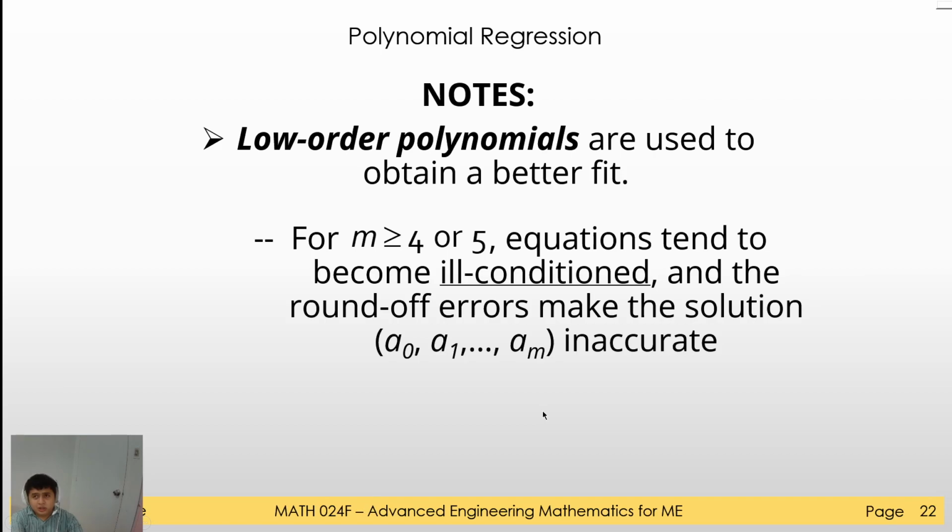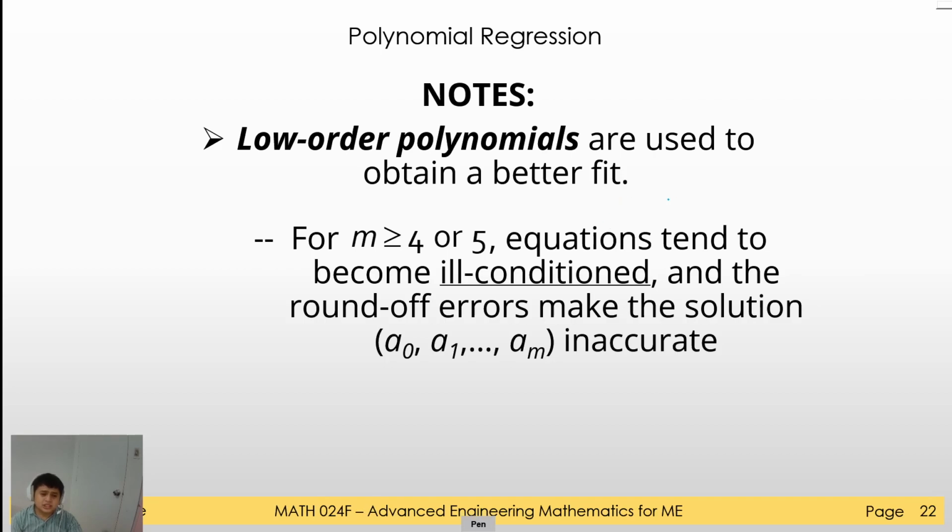Now, low order polynomials are usually obtained for a better fit. The problem is with order 4 or more: it turns out to be ill-conditioned, no? What I mean by ill-conditioned is that it will be oscillating, and the accuracy of your prediction might not be useful.